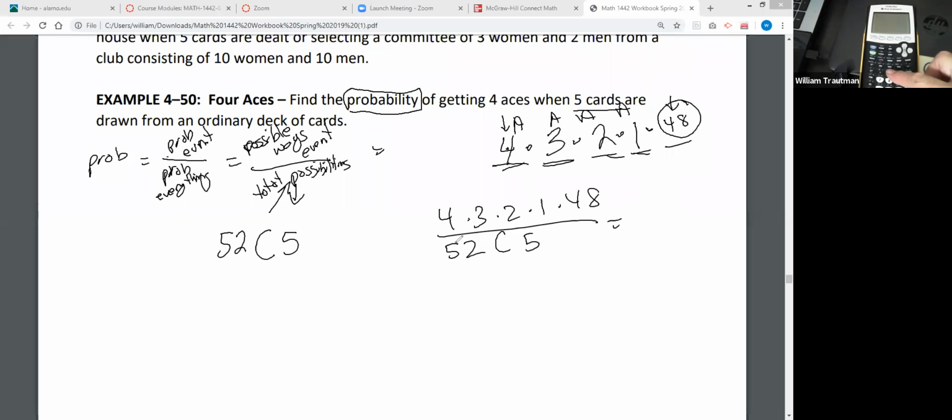Since there's more stuff to do on the top, I'm going to put it in parentheses: 4 times 3 times 2 times 1 times 48, close parentheses, divided by 52C5. 52 math.